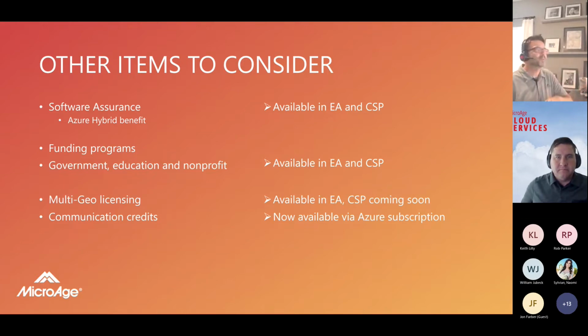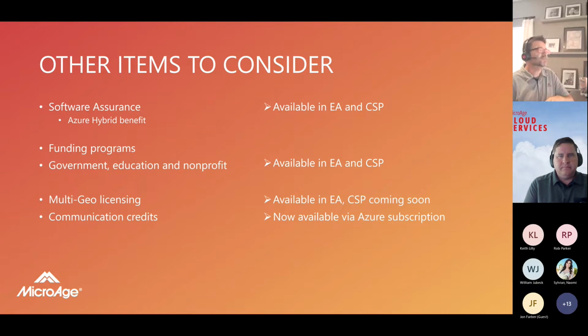That's why they call it a hybrid benefit, and you save significant money on those virtual machines and workloads in Azure. It's not offered in AWS or Google. This is an Azure-only benefit. So if you've got software assurance and you're considering a journey to Azure, please be mindful of leveraging it. It's a really powerful software assurance benefit to help you save money provisioning all those workloads in Azure.